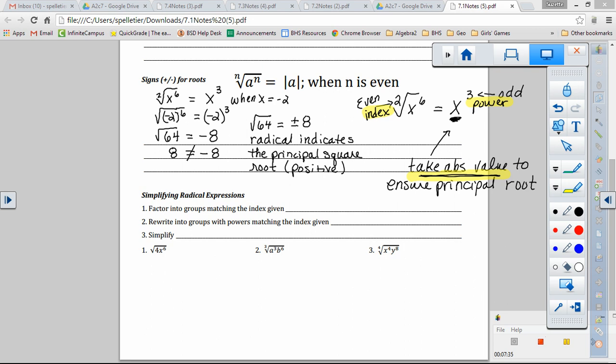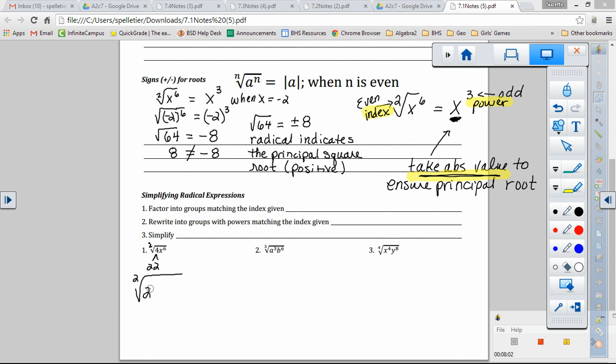So some of you might already know the square root of 4 is 2, and some of you might have picked up on the fact that I mentioned earlier that when you have a value of 6 underneath the radical, and this is a square root, I'm looking for how many groups of 2 are there in 6, and we know that that's 3. That's essentially a division problem. So we're breaking this down, right?